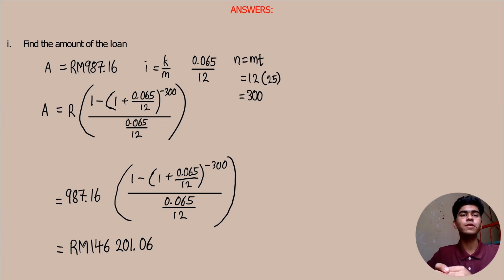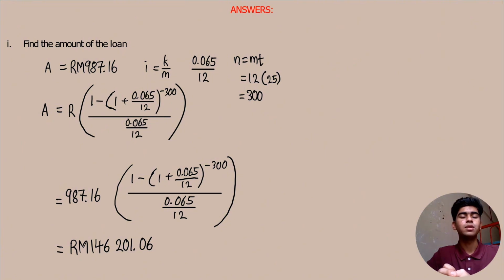A equals R, which is 987.60 ringgit. i equals K over m, we got 0.065 over 12. n equals m multiplied by t, which is 12 multiplied by 25. We got 300. A equals R in bracket 1 minus in bracket 1 plus 0.065 over 12 close bracket power of negative 300 over 0.065 over 12 close bracket.